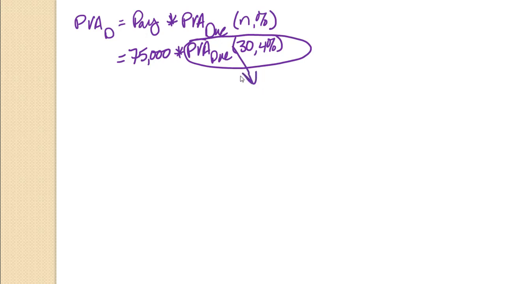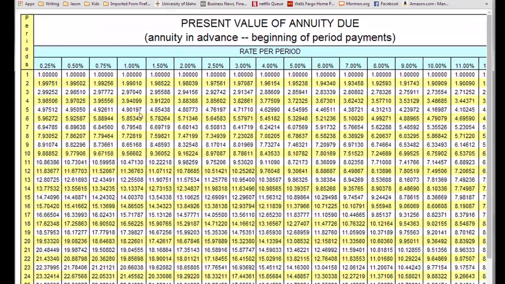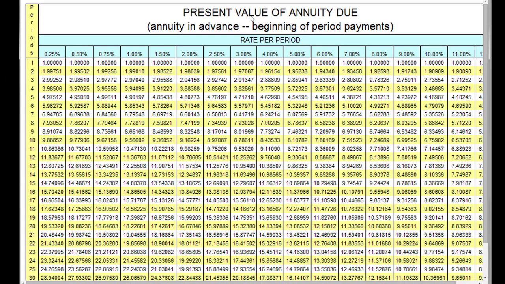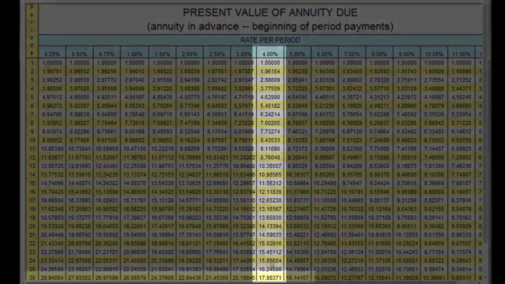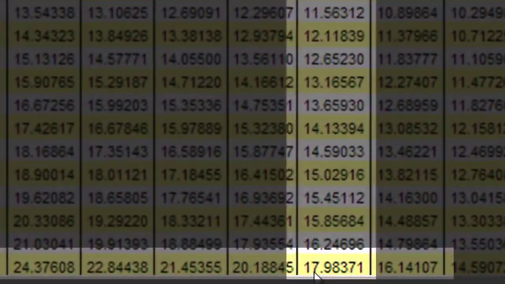So let's switch. Present value of an annuity due, this is a different table. Notice it says it really big up at the top, beginning of period payments. We want 4% interest and 30 payments. 17.98371.